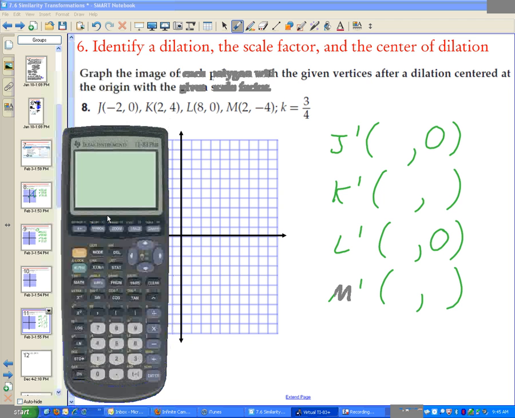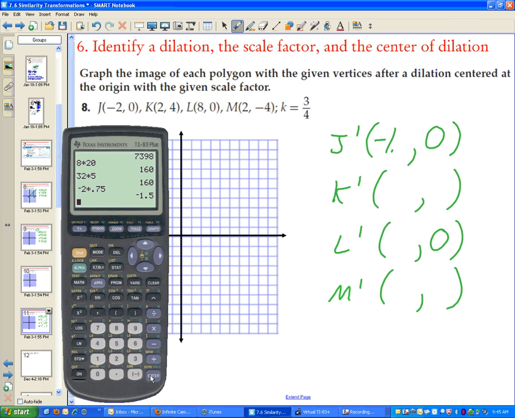Let's say I don't know what negative 2 times 3/4 is. Negative 2 times, I can just use 0.75, can't I? Oh, negative 1.5. Who would have ever thought that? So negative 1.5. Well, if negative 2 times 3/4 is negative 1.5, positive 2 times 3/4 better be positive 1.5.